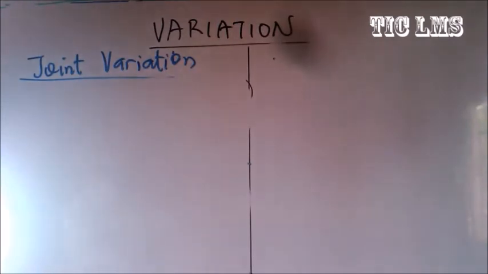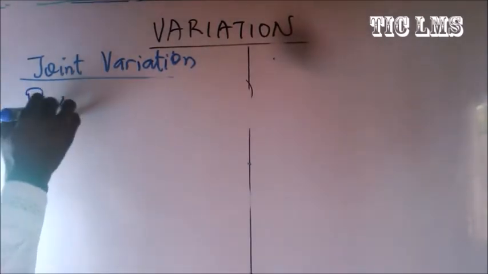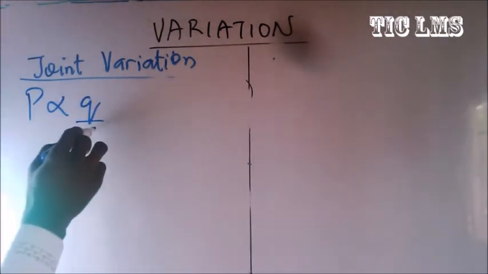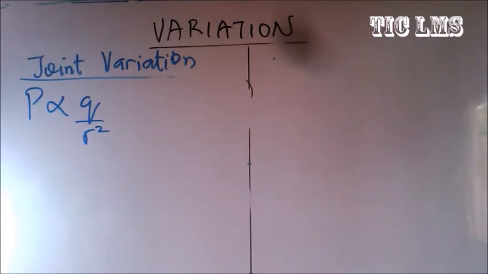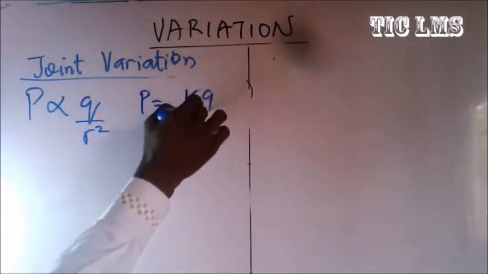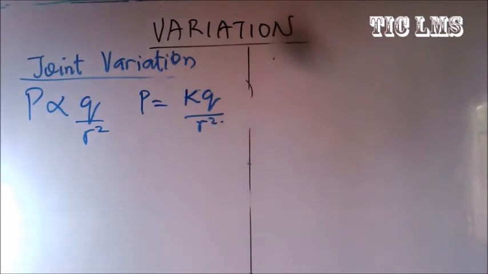Alright, so we are told that P varies directly as Q and inversely as R squared. So with this, we'll use this formation, and so removing the proportionality sign, it becomes P equal to KQ over R squared.